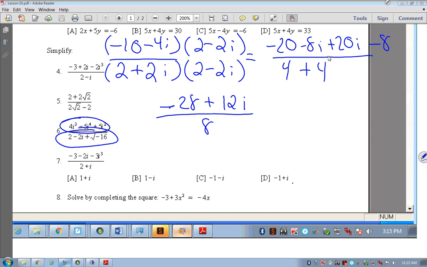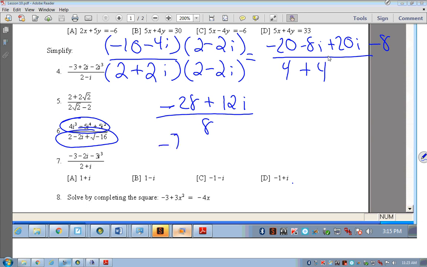Feel like Bob the Builder. Yes, we can. All right, let's see, what question was this? This is number 6. All right, so let's talk about negative 8 over 8. All right, so that's going to give me negative 14 over 4, right? Negative 14 over 4 would be negative 7 over 2.